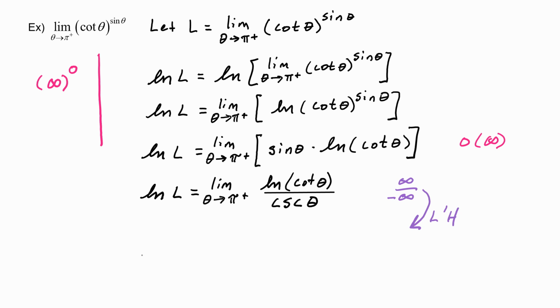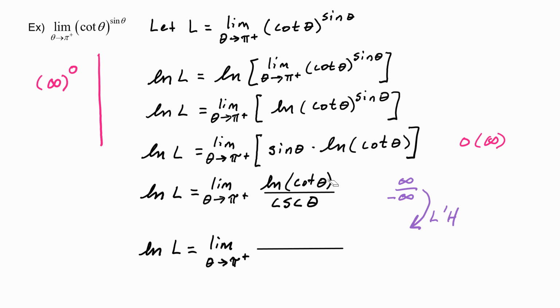So now we will have the natural log of L is equal to the limit as theta approaches pi from the right. We have to take the derivative of the numerator, so the derivative of natural log of cotangent theta. We will be using the rule of u prime over u.